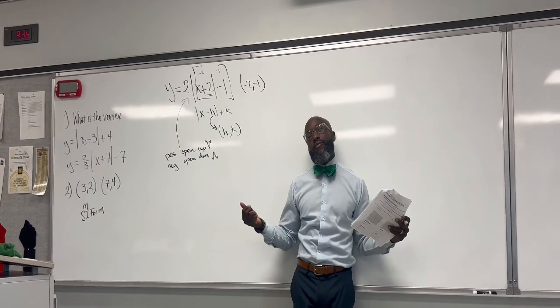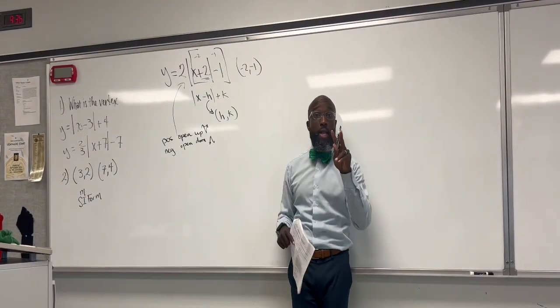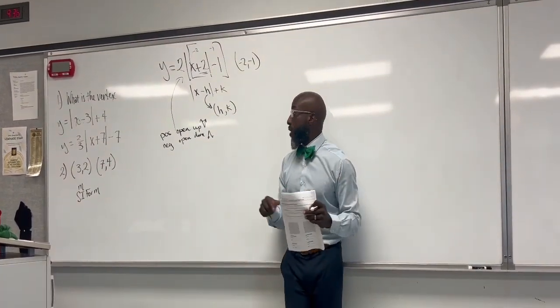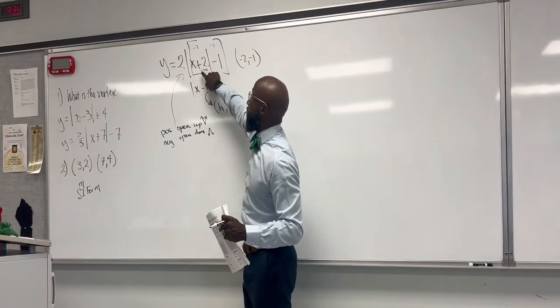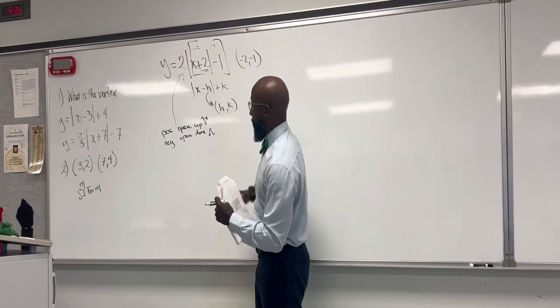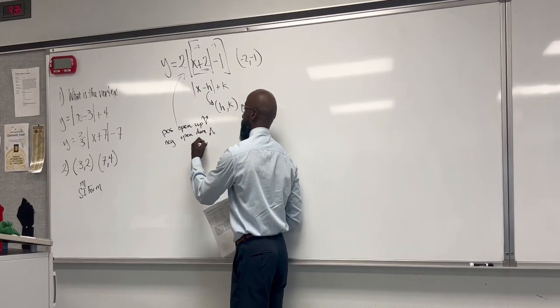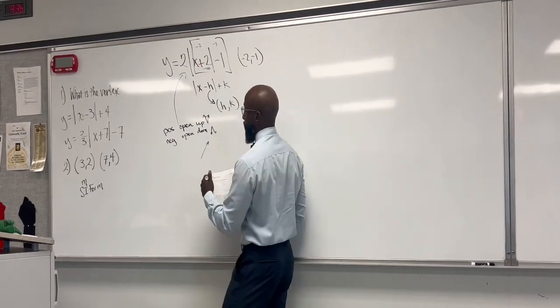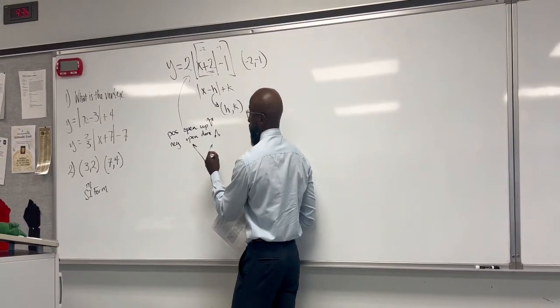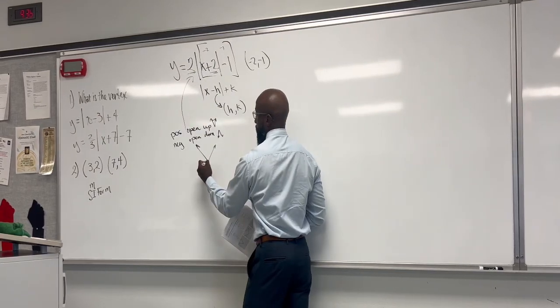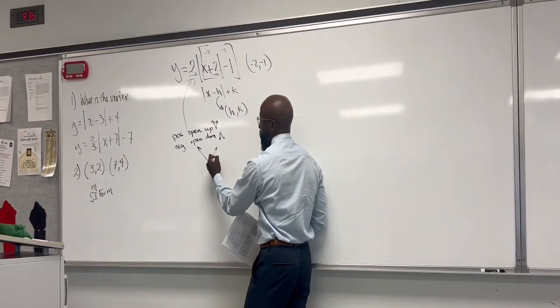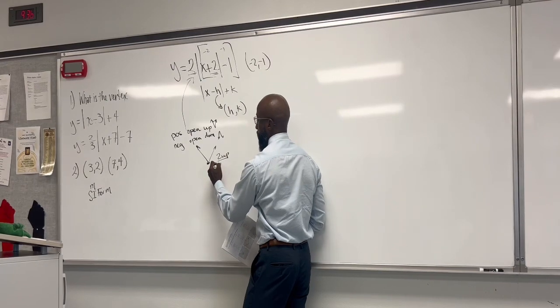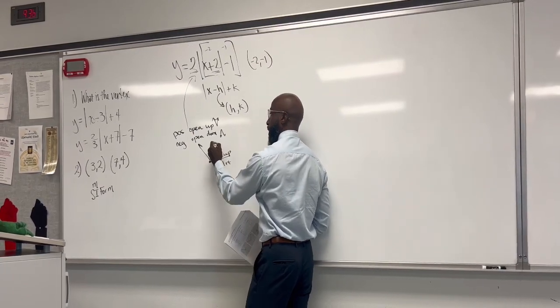An absolute value function is actually just 2 lines starting at a vertex. So this is a line, x plus 2 minus 1, going in this direction, and then it's going in the negative direction. This 2 represents that from the vertex, it's going to go up 2 and to the right 1 in this direction.